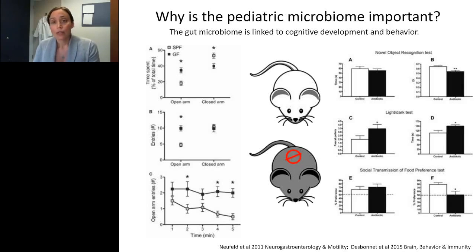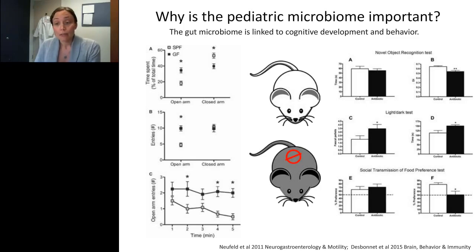We also know that the pediatric window and the gut microbiome are linked to cognitive development and behavior, and there's been some beautiful work done in animal models suggesting that cognitive development and behavior are very closely linked to the microbiome.